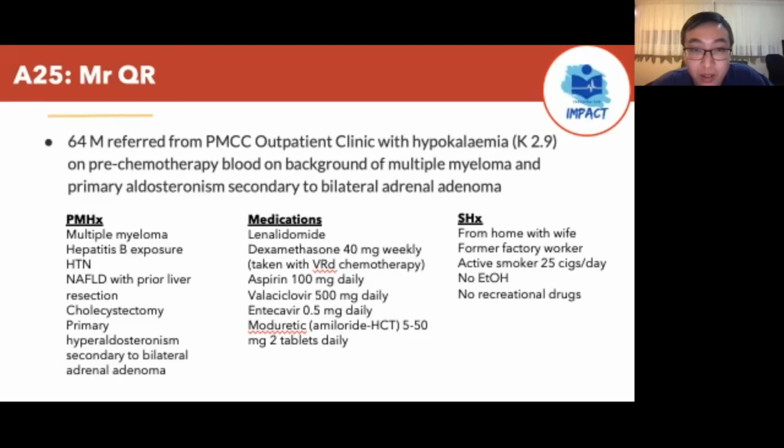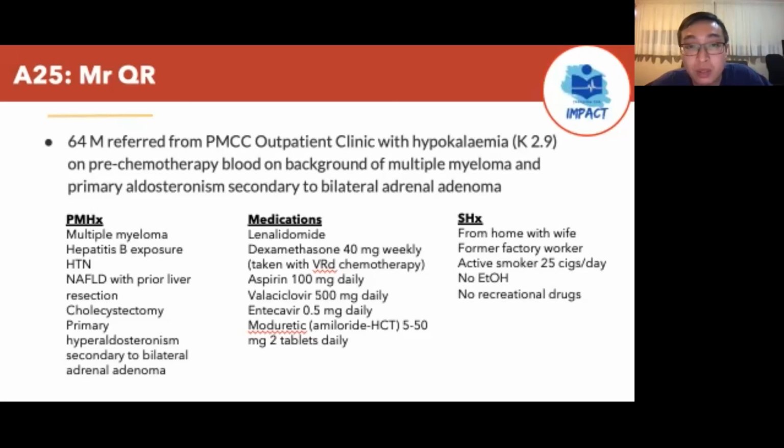So not your garden variety abdominal pain, chest pain, dyspnea, etc. So it's a 64-year-old male that has been referred from the Peter Mac outpatient clinic with quite significant hypokalemia, to a K of 2.9. And as you guys are probably aware, K of 2.9 is potentially quite dangerous, can cause cardiac arrhythmias, including things like VT and VF.